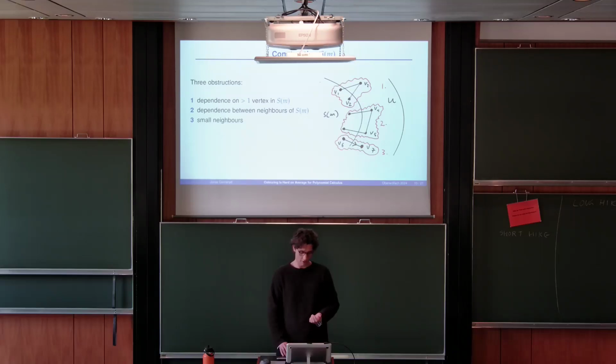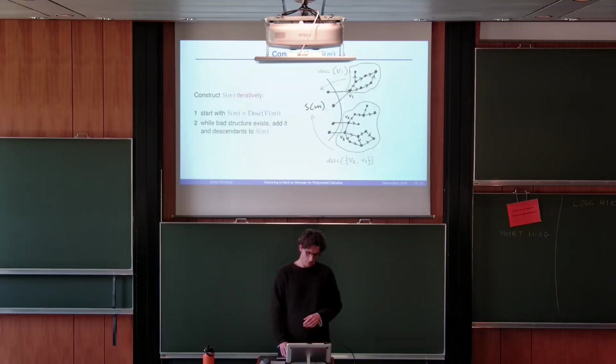And the third obstruction is if there is some neighbor of S of M which is just smaller than its neighbor, because then there is no hope that the color of that vertex will depend only on something smaller in S of M.